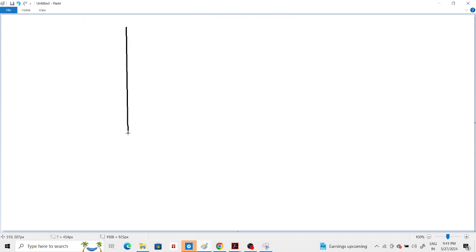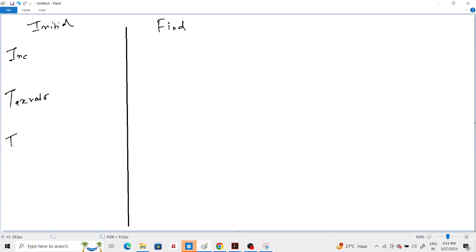You remember that initial and final method that day I showed you? Okay. So, what are the parameters? We have income, tax, and then this is the tax rate, and this is the total tax.